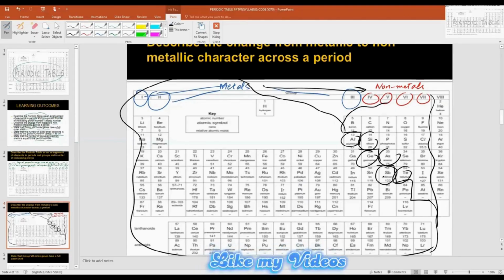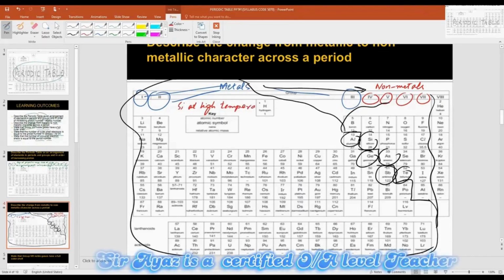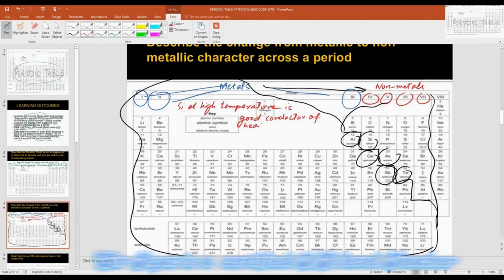Poor non-metals means that it may show some properties of metals, like silicon at high temperature is a good conductor of heat and electricity.